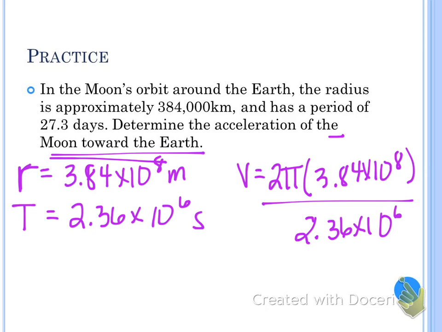And depending on where you rounded, your answers are going to be a little different. That's okay. Okay, for velocity, I got about 1022.3. Is that what we got for our velocity? 1022.3, or somewhere in that range.